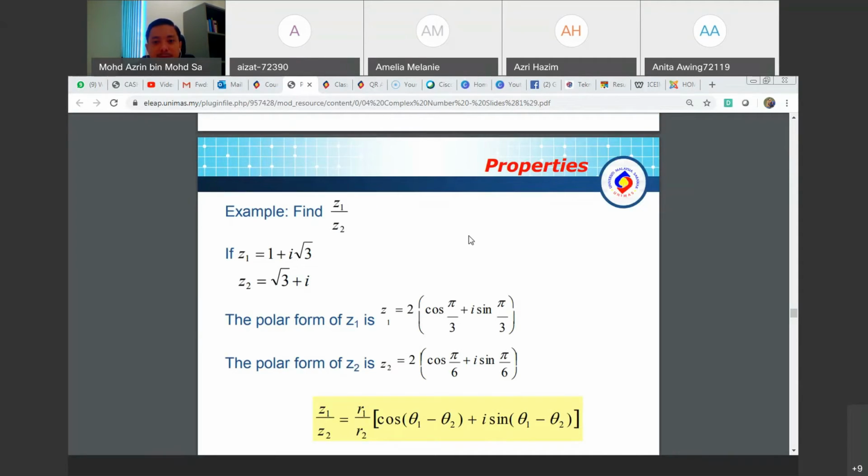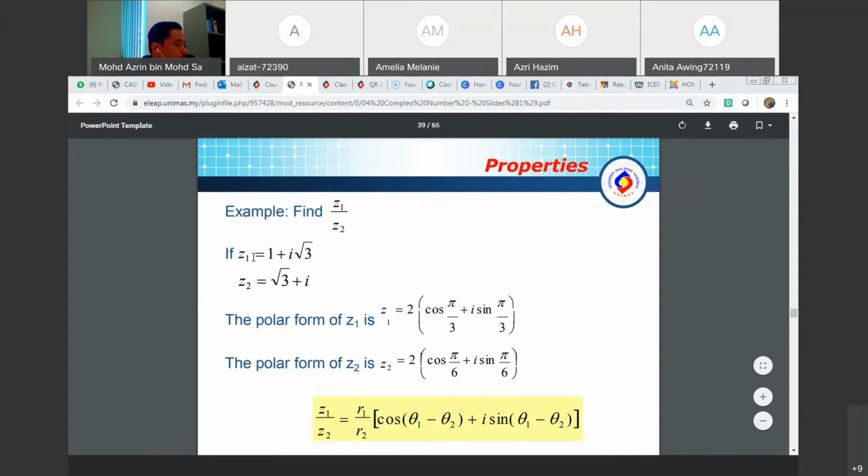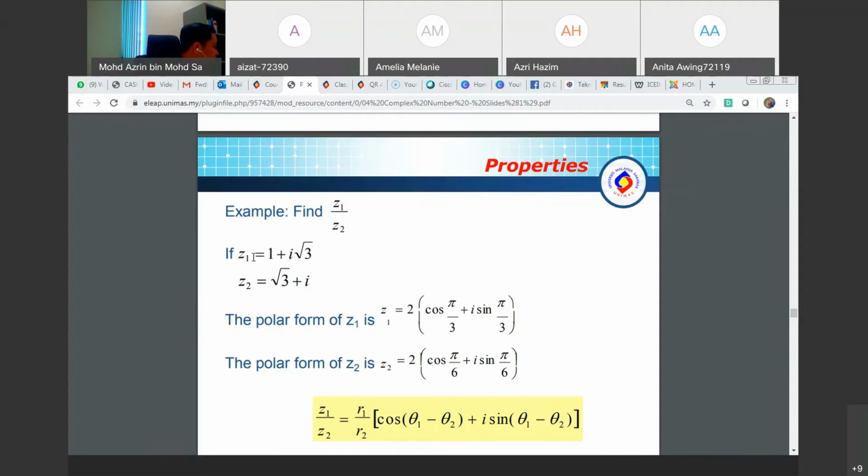Okay. So we look back into this part. So Z1 equal to 1 plus i square root 3, Z2 equal to square root 3 plus i.